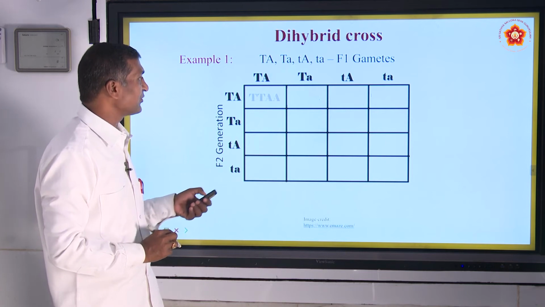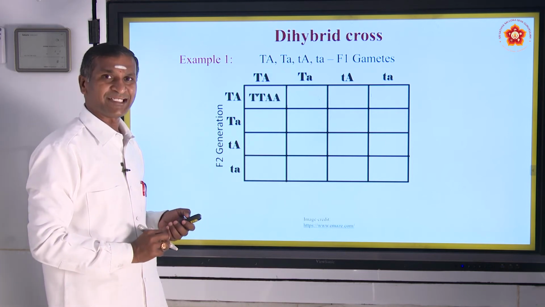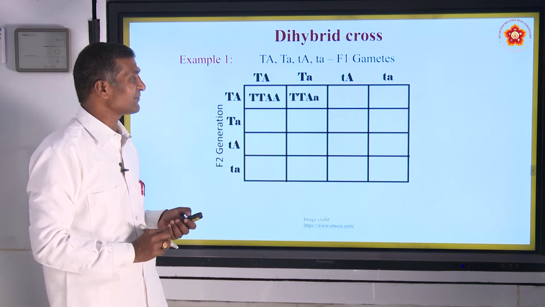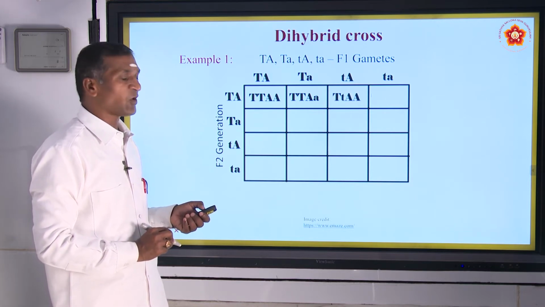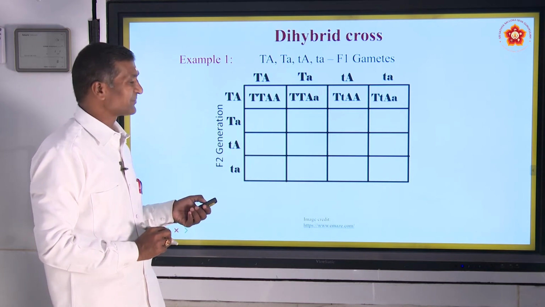Now, let us see how the people, capital T, capital T, capital A, capital A, capital T, capital T, capital A, small a. Capital T, small t, capital A, capital A, capital T, small t, capital A, small a.